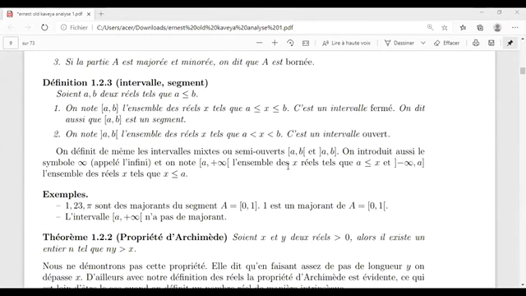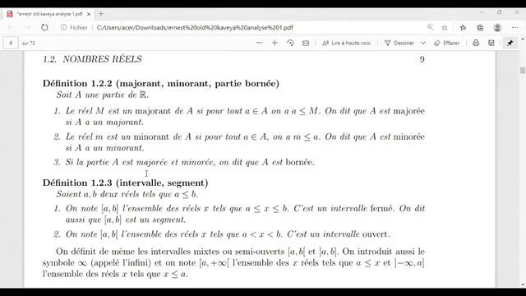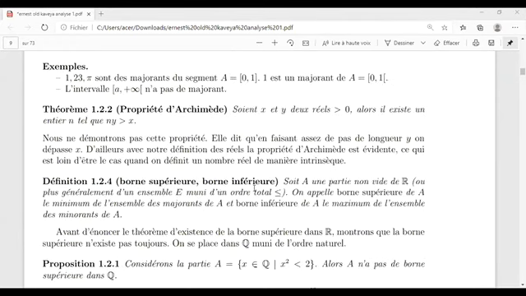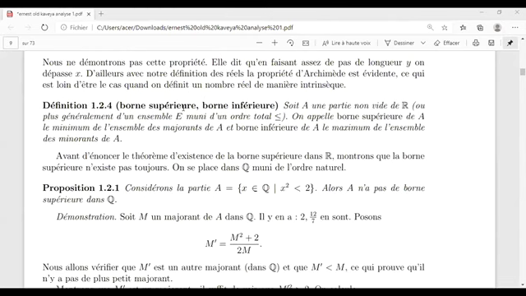We talked about the bonnet, where we have what we call bone supérieure and bone inférieure. If you didn't understand what majoré and minoré are, you're not going to understand this, because it is the same objective as bone inférieure and bone supérieure, majoré and minoré. Same thing.